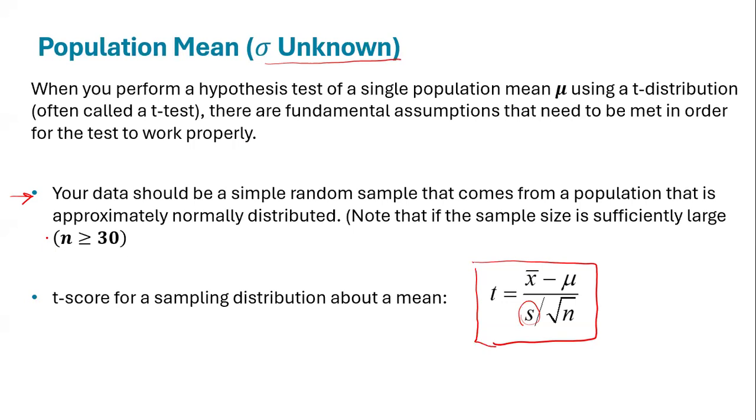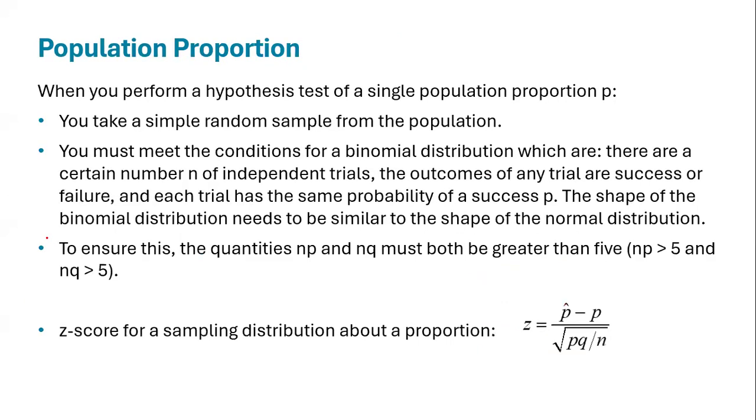But if the claim is on the population proportion, again, we're going to use the z-test, but with this formula. Because the claim is on the population proportion, we use p for the population proportion, and p hat is the sample proportion, over the square root of p times q divided by n.